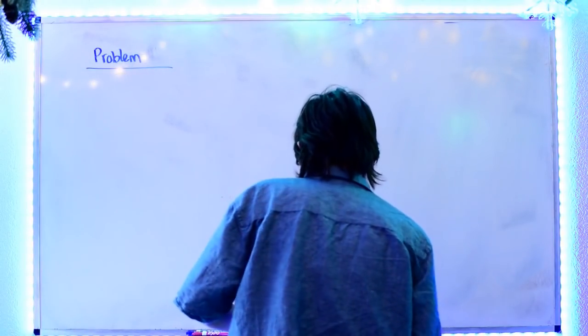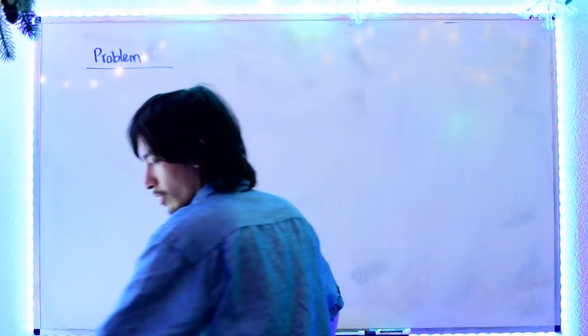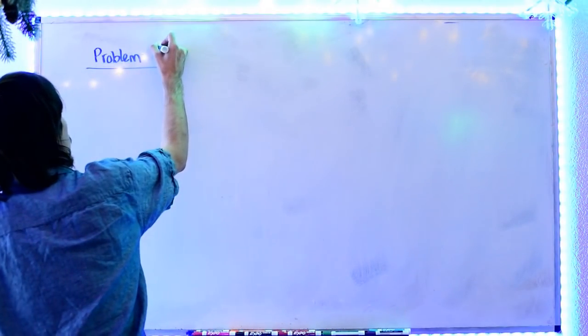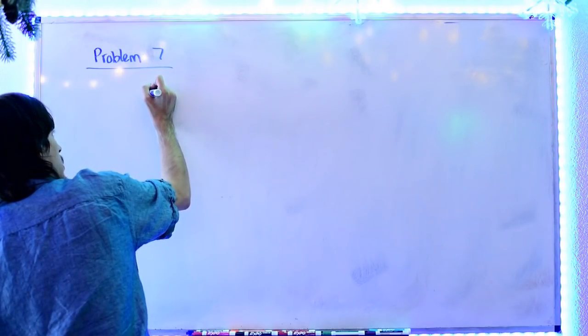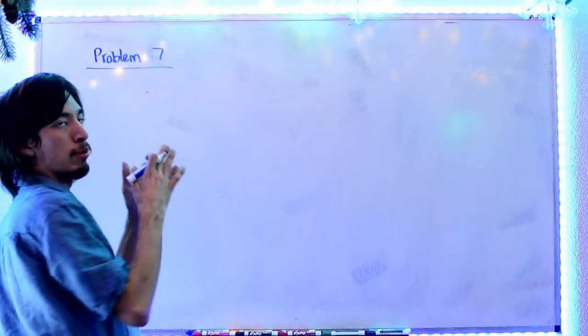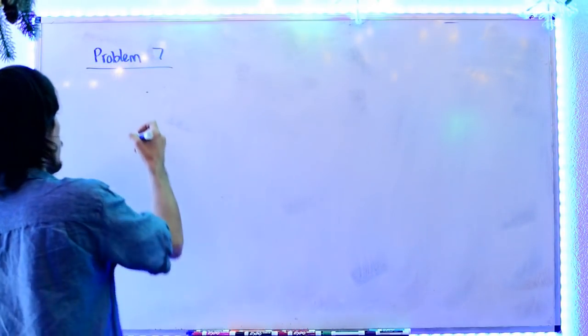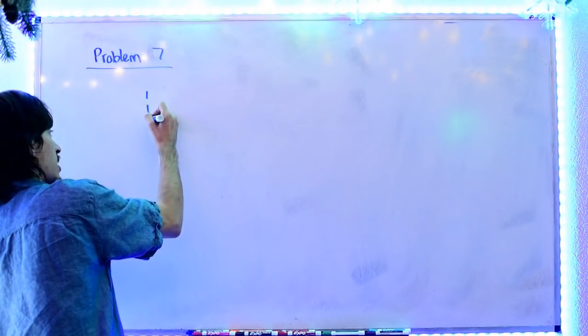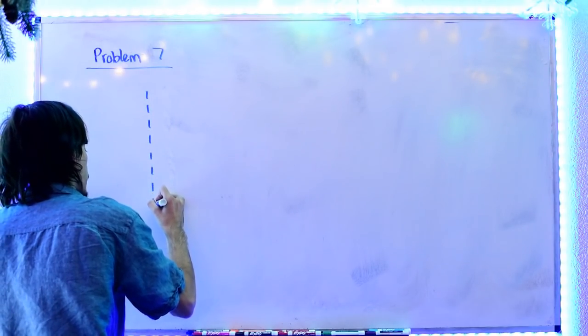So problem 7. Okay. So let me do this. I'm going to blow up the size of the diffraction grating so you can see more of the details. So what I'm doing here is I'm dashing this in, but what I'm actually drawing is a ton of slits.